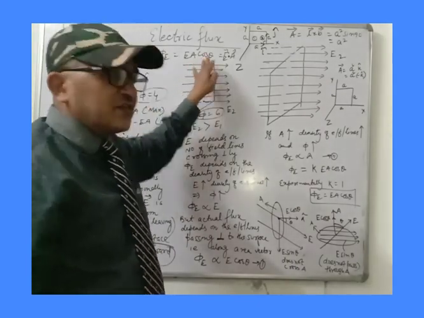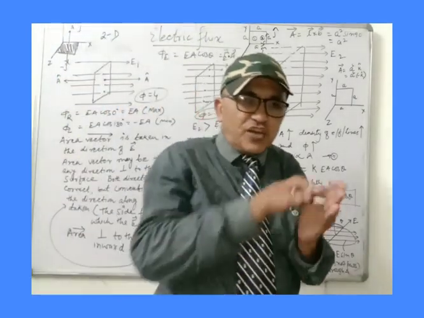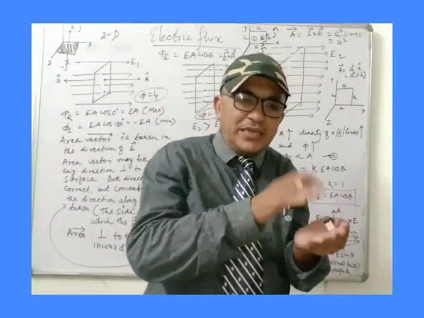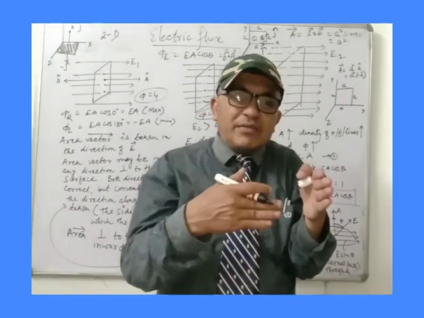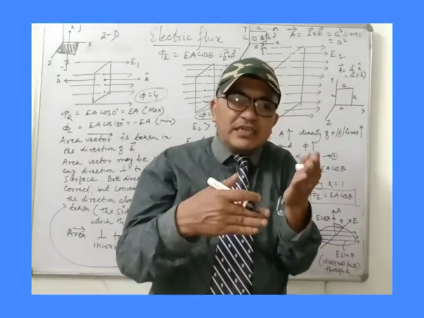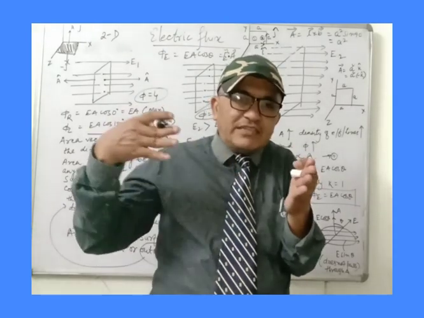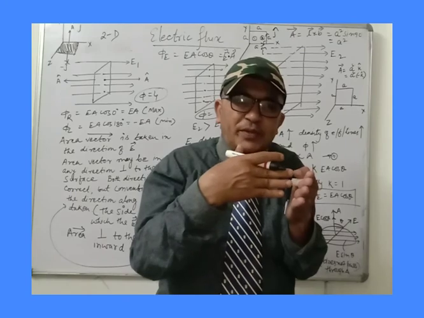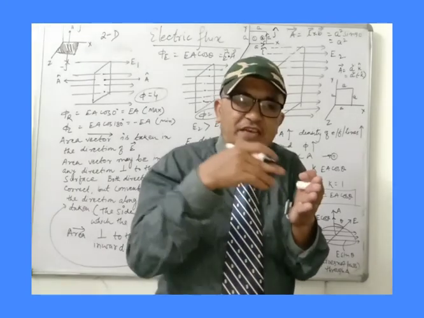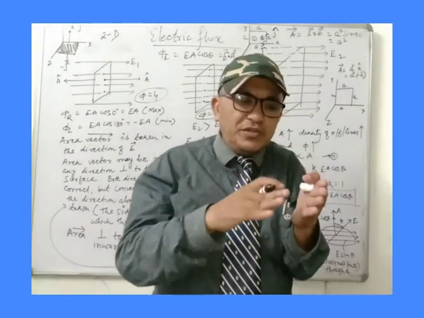Why cos theta? Because sometimes the surface may not be in a direction perpendicular to the electric field. Sometimes the surface may be tilted. The surface is tilted and electric field lines are coming like this. Then all the field lines are not perpendicular. And its area vector, what I have told?